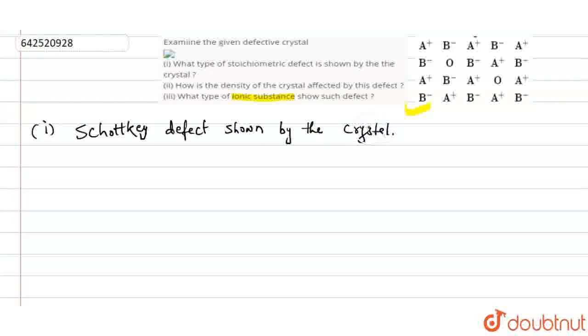If you see why it is Schottky defect, so why?